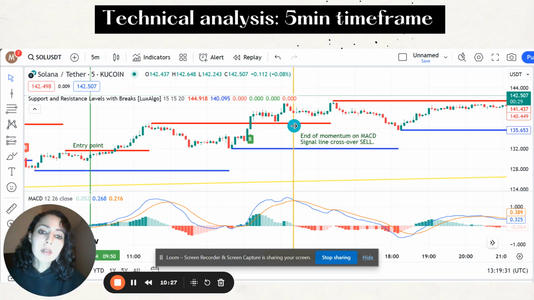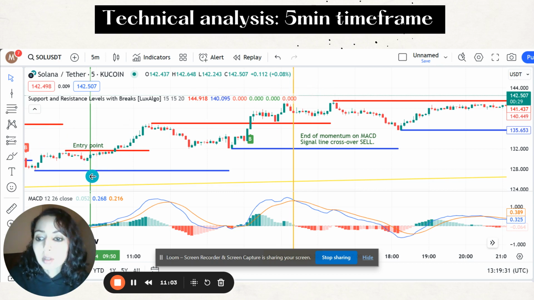I would have sold my currency at a little bit under 140, maybe 138 or 139 USDT. Exited the trade around here, and I would have made a couple of euros of profit on the buying price and then the selling price.